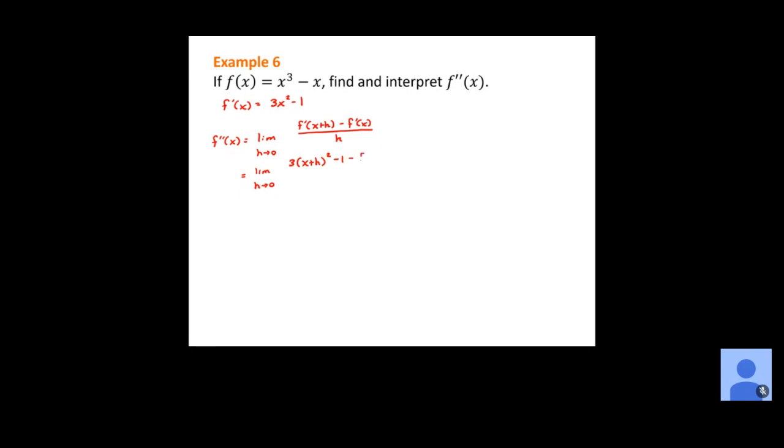And then down here, we're subtracting f prime of x, which is just 3x squared minus 1. And we're putting all of that over h. All right, now we're going to simplify this. So remember, x plus h squared should give us x squared plus 2xh plus h squared. Bring down your minus 1. And now I'm going to distribute this minus and get a minus 3x squared and a plus 1 all over h.